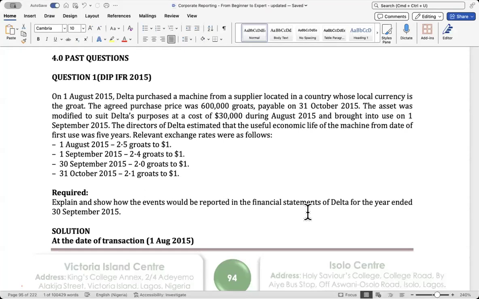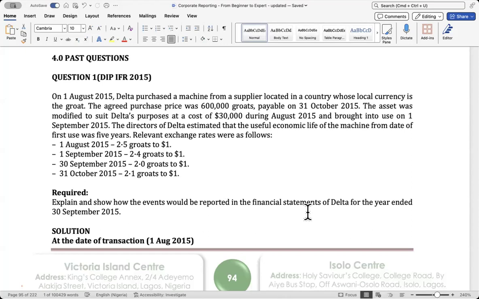The directors of Delta estimated that the useful economic life of the machine from the date of first use was 5 years. Relevant exchange rates were as follows. So they gave us all that, all figures assumed correct. Required: explain and show how the event would be reported in the financial statements of Delta for the year ended 30th September 2015. Okay, so let's solve this.